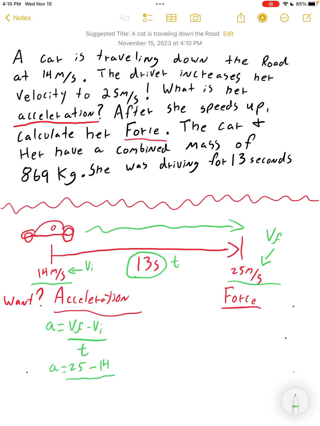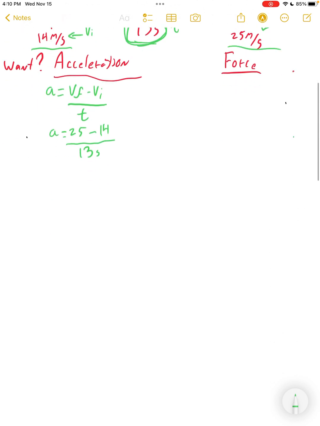And then we divide it by the time that it took, and we know that is 13 seconds. Okay? Now, I've already done the math, but make sure you are bringing your calculators with you. Make sure you have your calculators in school every day. But 25 minus 14 is 11, and we divide by the time of 13.